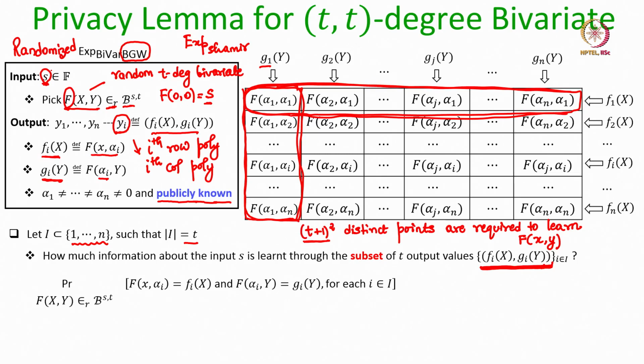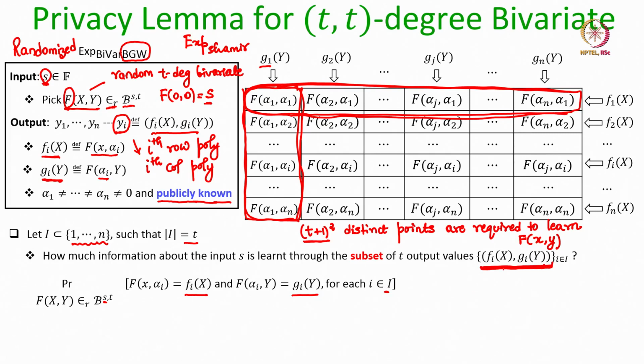So, let us first prove what is the probability that if we randomly choose a t degree bivariate polynomial whose constant term is s, then when that bivariate polynomial is evaluated at the evaluation points corresponding to the indices in this I set, it results in the row and column polynomials corresponding to this index set I. Okay.